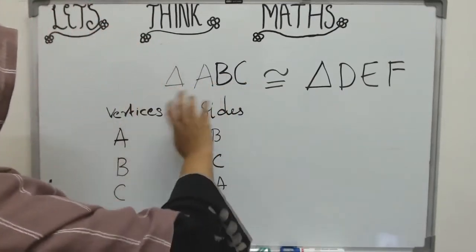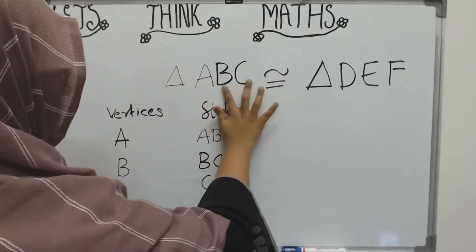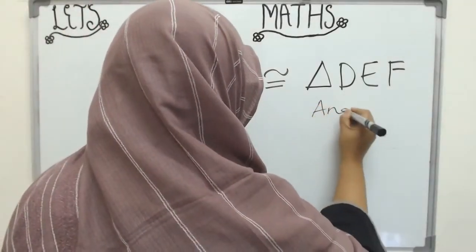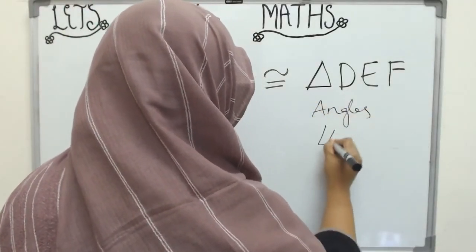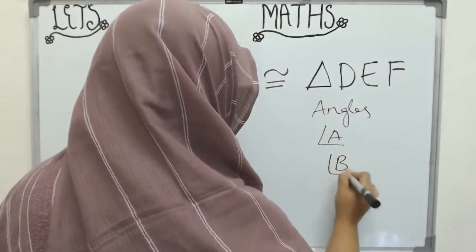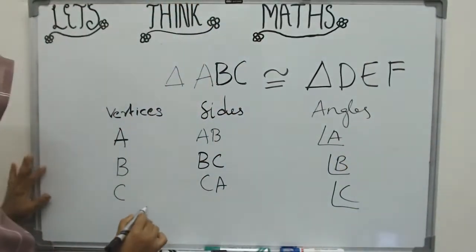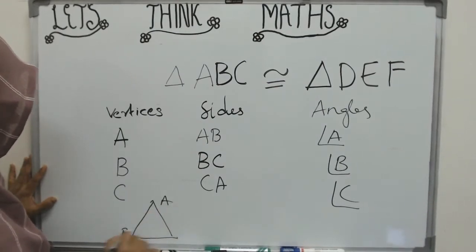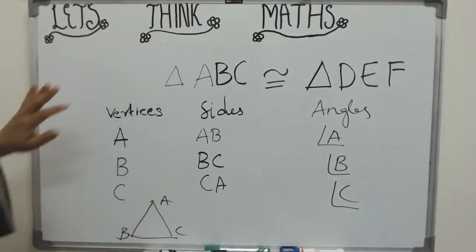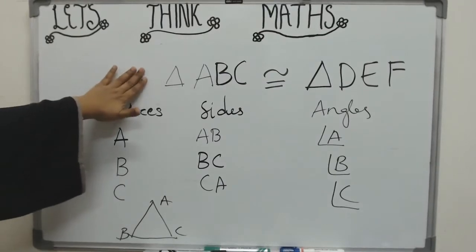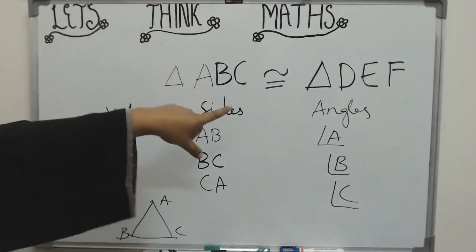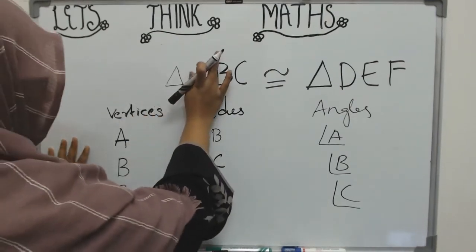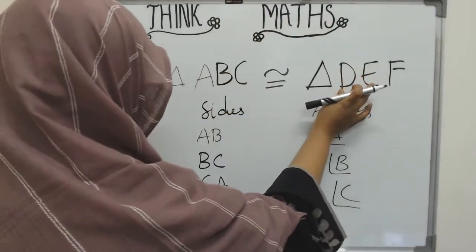So always stick to the order, AB, BC, and CA. And how many angles? Angle A, angle B, and angle C. So this is how your triangle ABC will look, right? So if triangle ABC is congruent to triangle DEF, it means that the first vertex here coincides with the first vertex here.